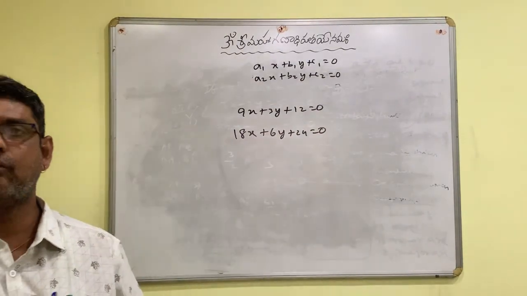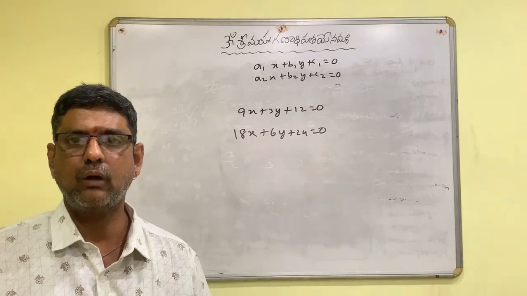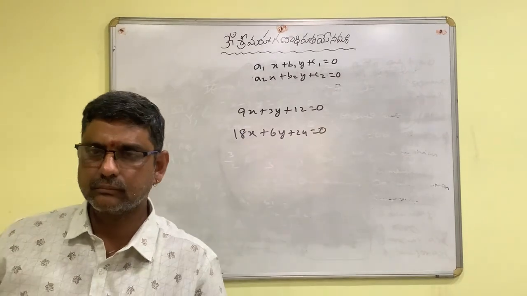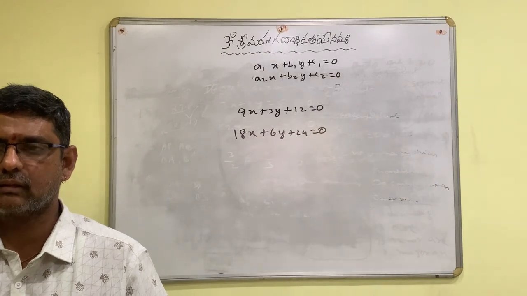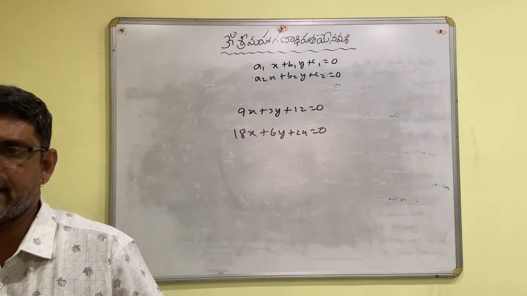What kind of pair of equations are these? What kind of pair is it? Children. Coincident. Why?